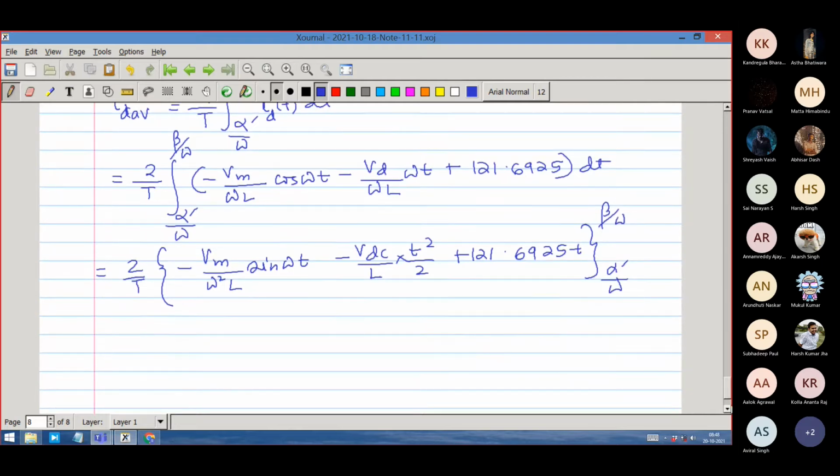Okay. So now we have to put all the values. Let me do that.